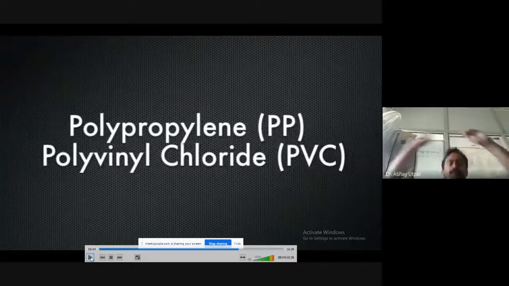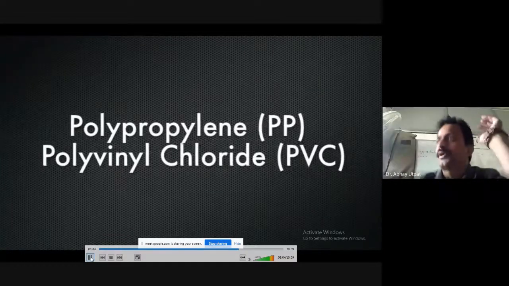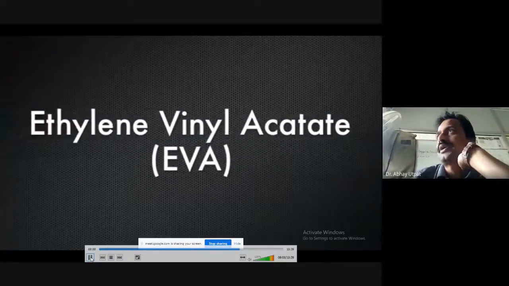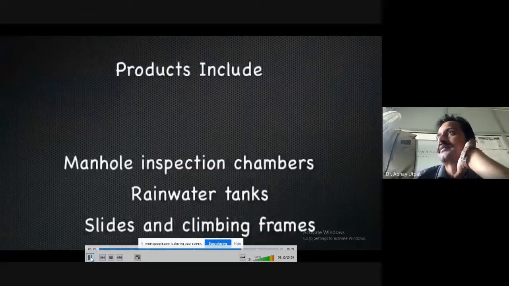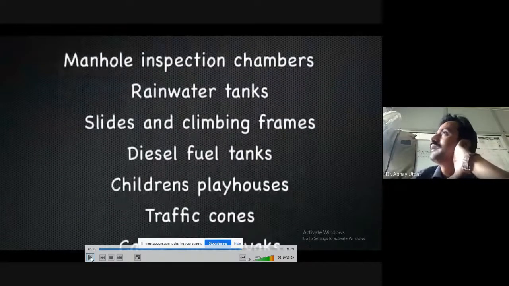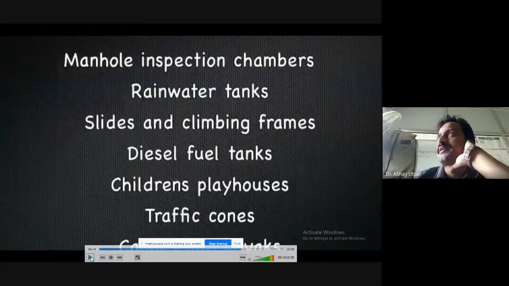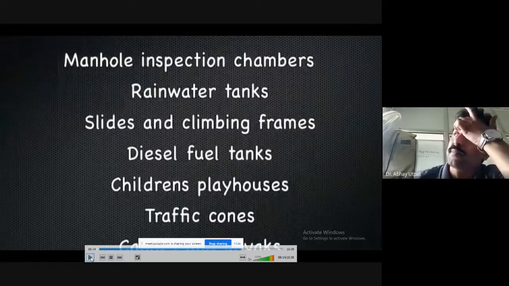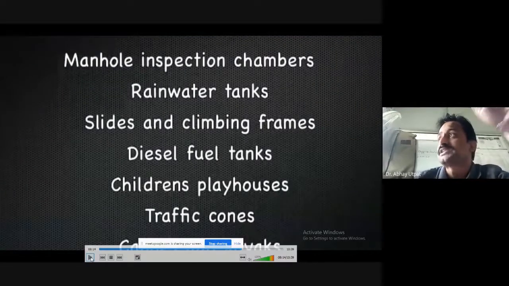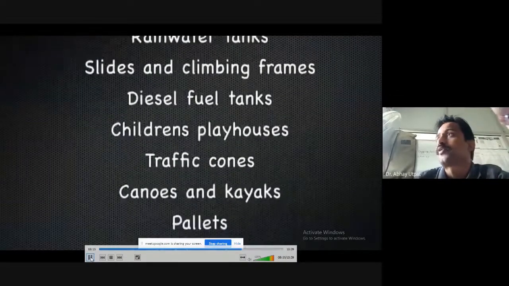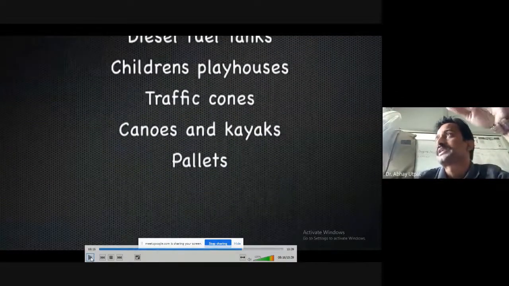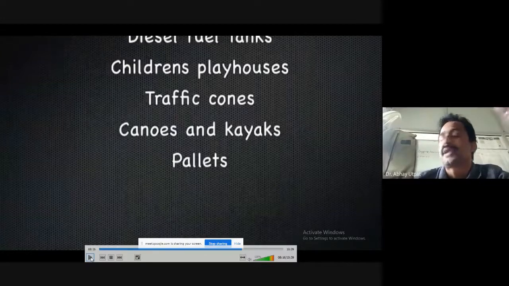So the rotational molding process is used for thermoplastics, and sometimes it may also be used for thermosets. See, manhole inspection chambers, rainwater tanks, slides and climbing frames, diesel fuel tanks, children's playhouses, traffic cones, cannons, kayaks and pallets.